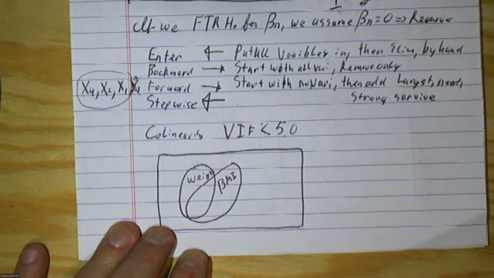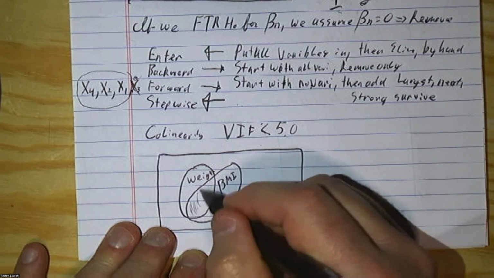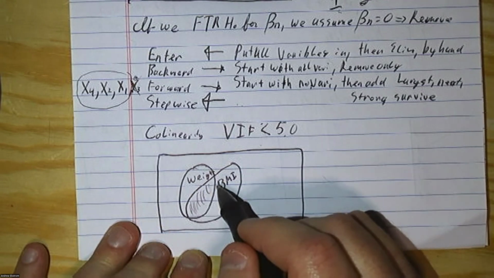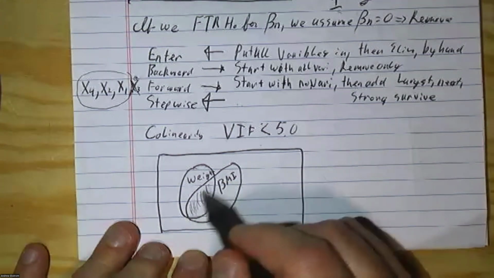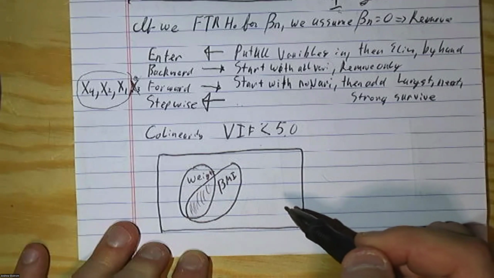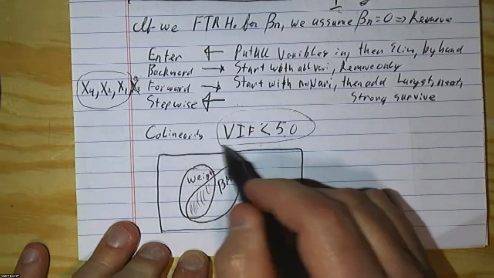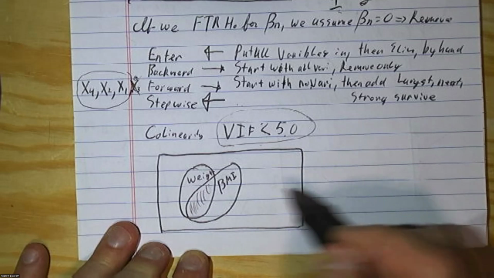We're going to call that BMI. You can see that these two things actually cover, or explain, quite a significant amount of the same variability. With something like this, we might end up having something that violates this VIF.